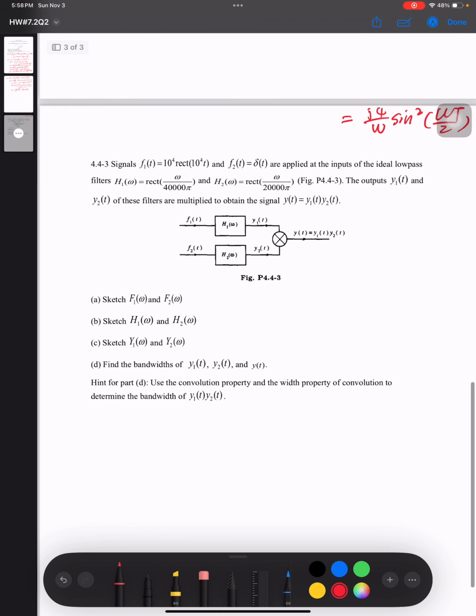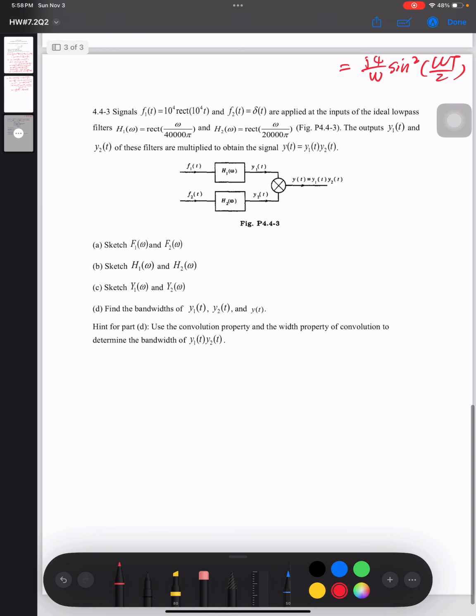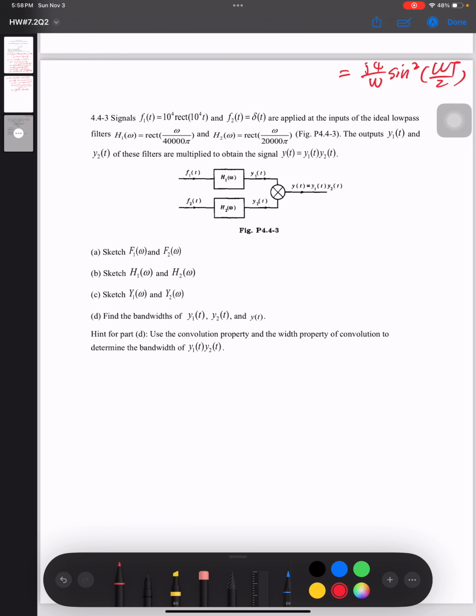And about the next question, we have signals f1(t) and f2(t) applied at the input of ideal low-pass filters H1 and H2. The outputs y1(t) and y2(t) of these filters are multiplied to obtain the signal y(t). So first we sketch F1 and F2(omega) in the Fourier transform.